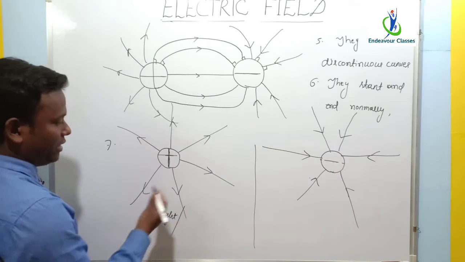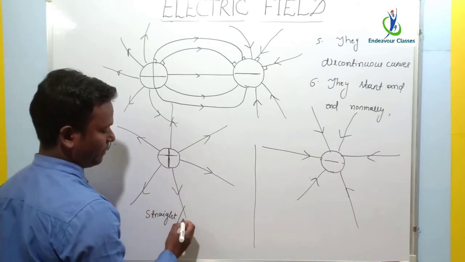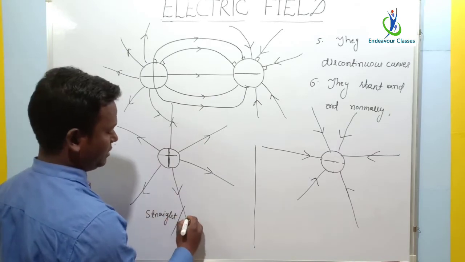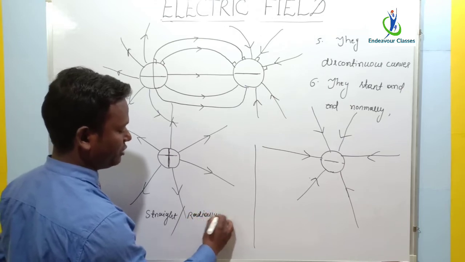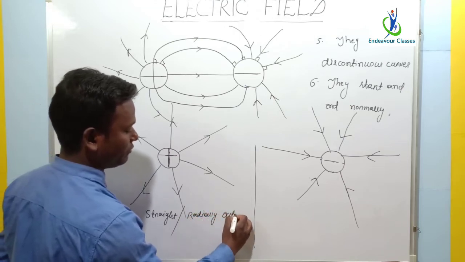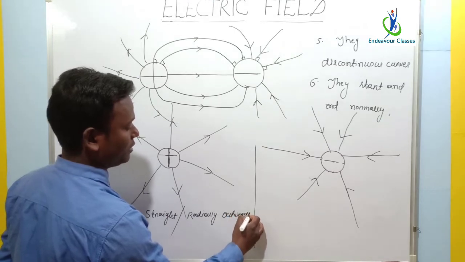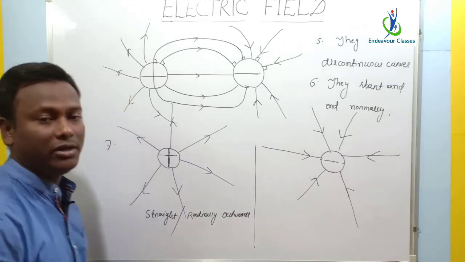So here the lines of force are straight, and the direction is radially outwards. And another thing is its symmetry.